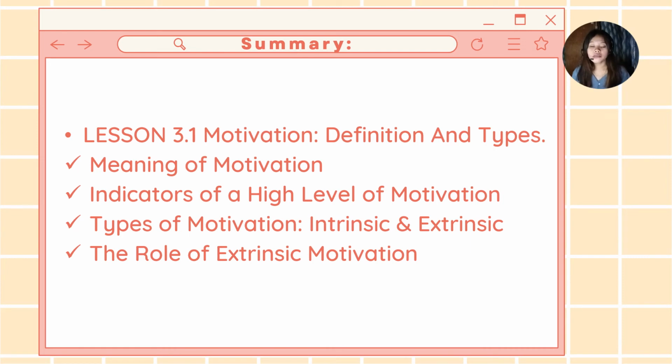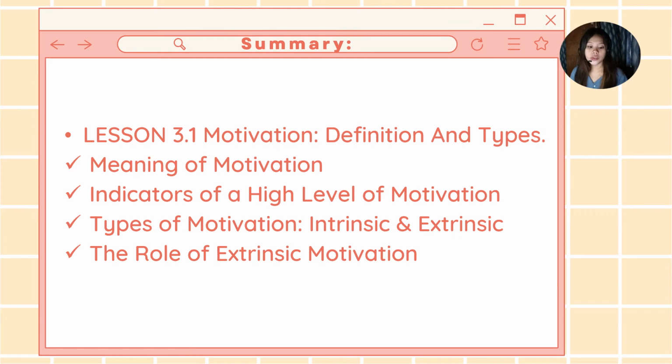A learner's level of motivation is reflected in his choice of actions and the intensity of his persistence in effort. Next are indicators of a high level of motivation. A student who is highly motivated to learn enjoys learning and learns much more than one who is not as motivated. As a result, his performance is satisfactory.